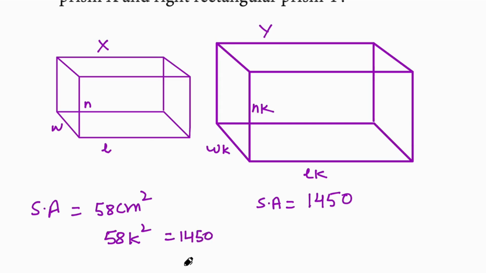Because this one is bigger, I'm just taking the constant with it. But if you have to equate, you have to multiply K squared here. That's a catch here. Definitely, this K is multiplied with the sides of the second prism Y, but if you need to put an equal sign here, you have to multiply 58 by K squared because we have to equate it. I hope that point is clear.